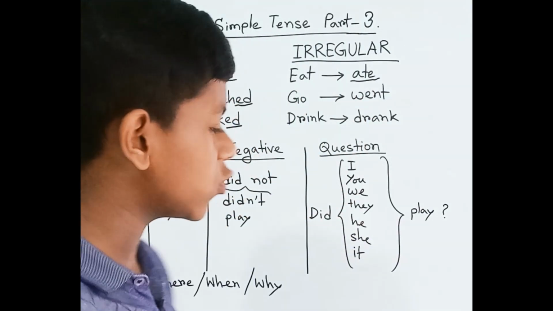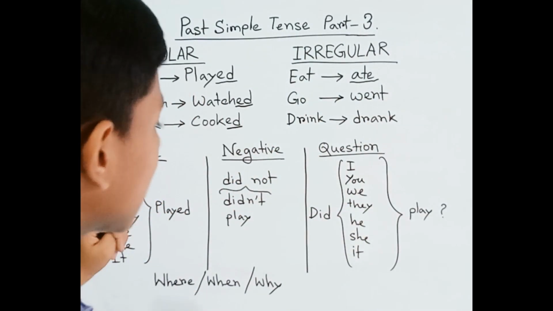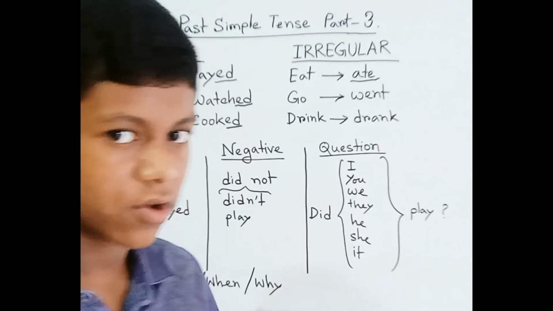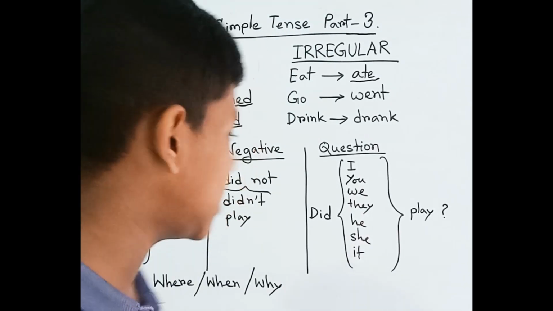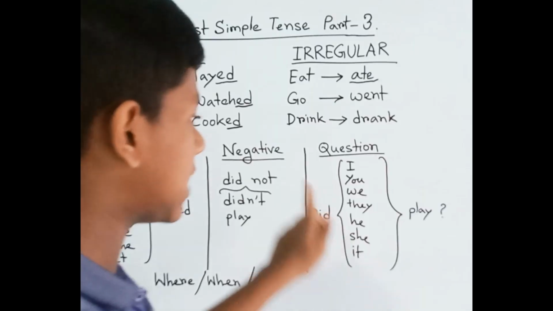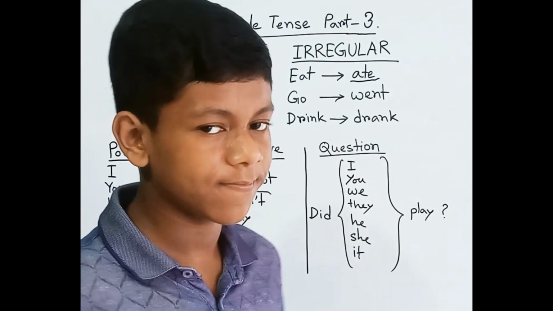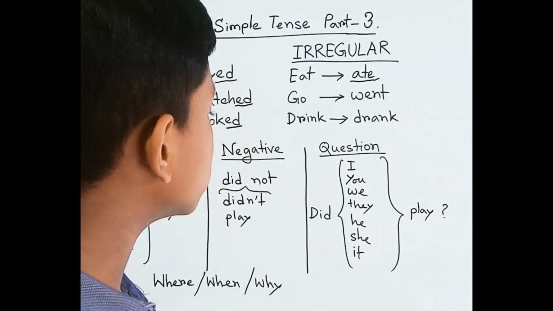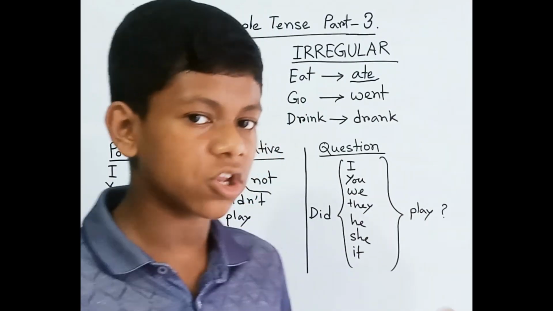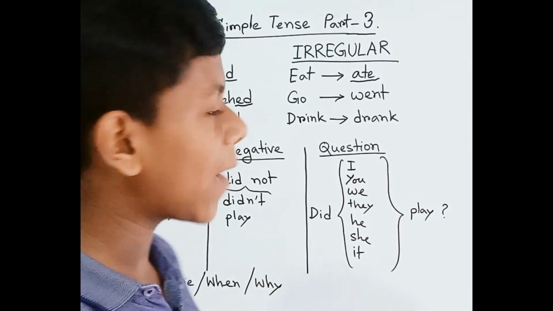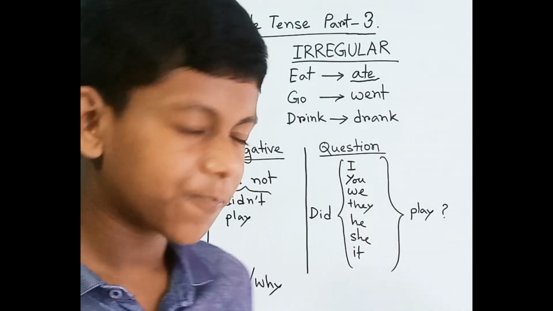First of all, here I have written three structures, which can be positive, negative, or question. These are the main structures that we generally use in the past simple tense with regular verbs.